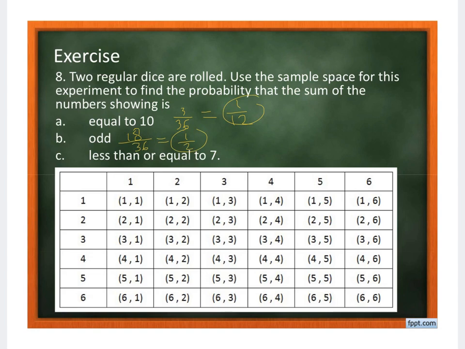Less than or equal to 7. This one, the sum is less than or equal to 7. This one. Less than or equal to 7. There are 21 over 36, equal 7 over 12.